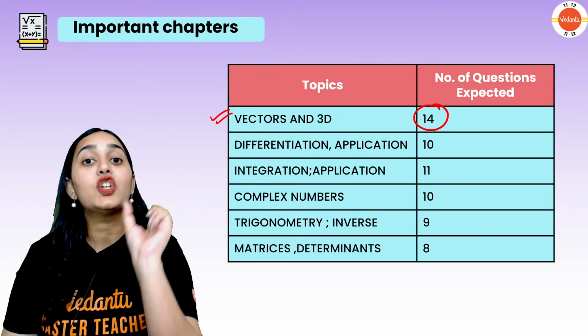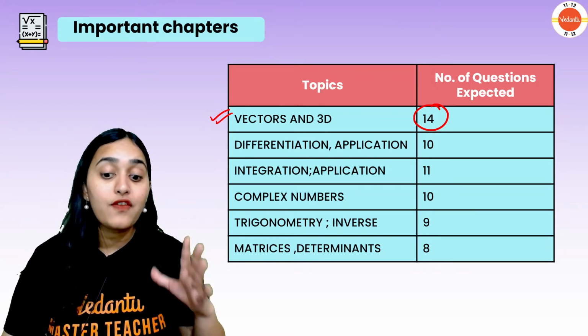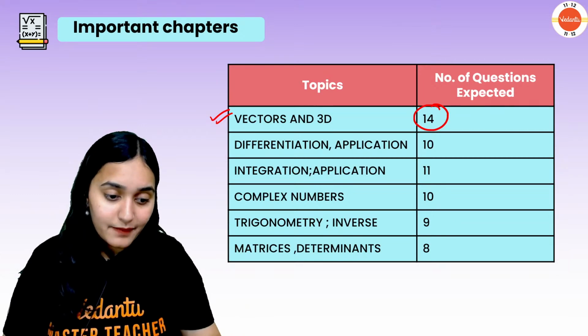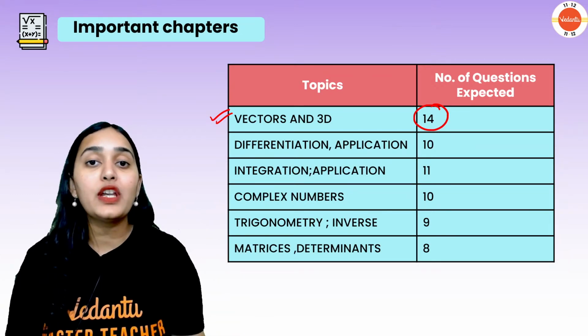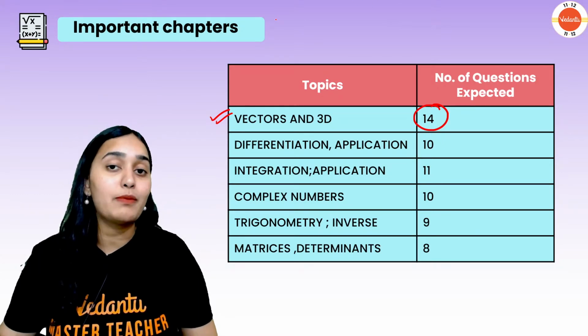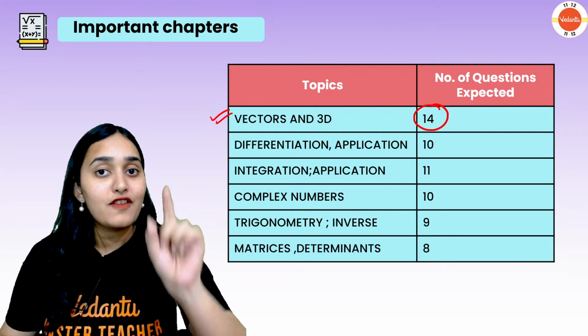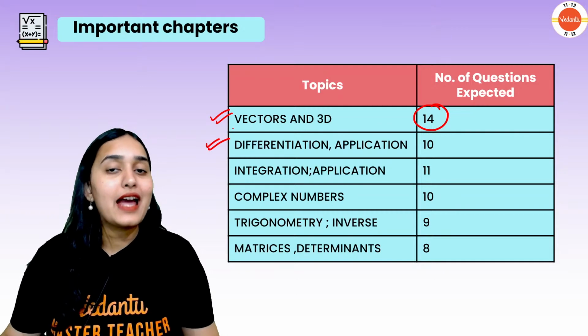This is actually a unit, not one chapter, and you have around 14 marks from it, right? Matrices and determinants is important, of course. I am going to show you a question paper today and analyze it in front of you, so stay tuned.